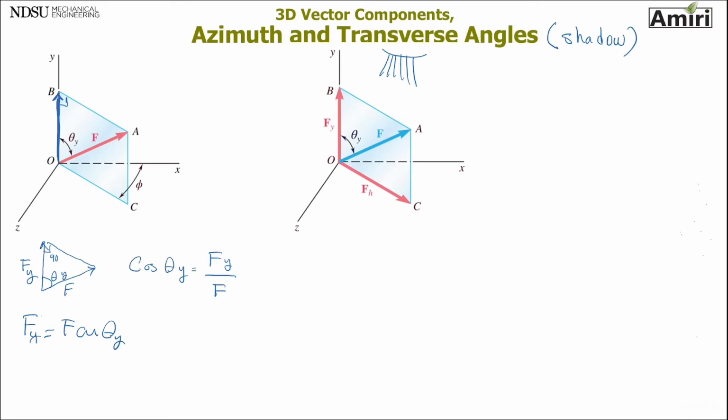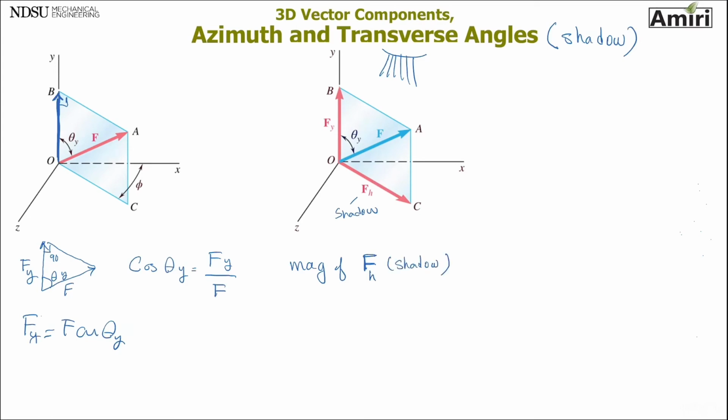That vector F is going to make a shadow on X and Z. So can you tell me what is the magnitude of the shadow?